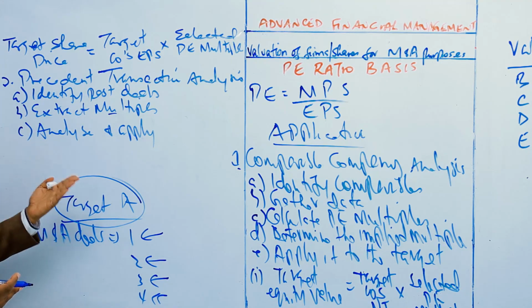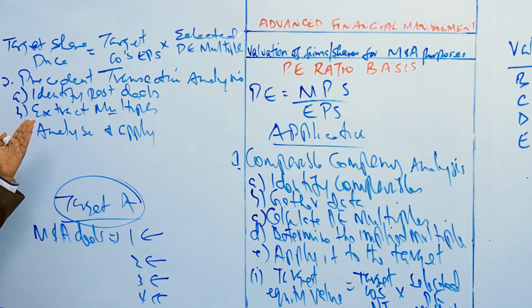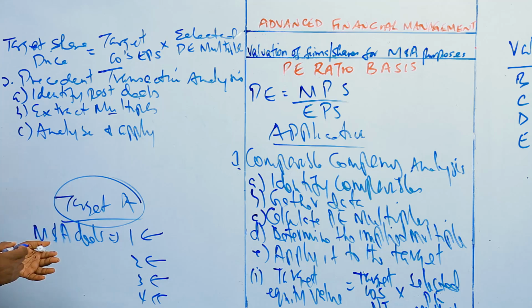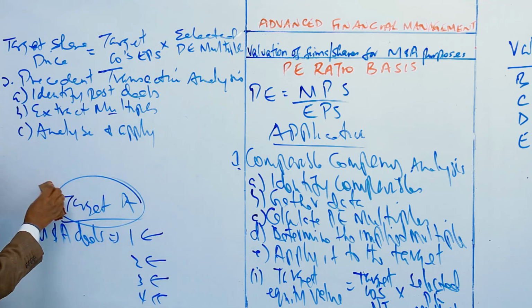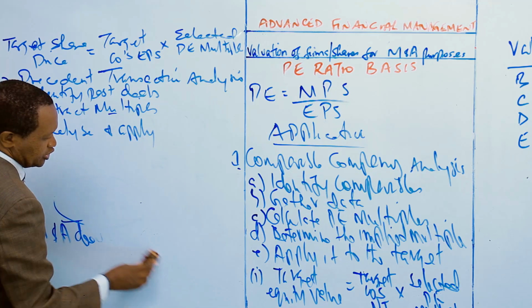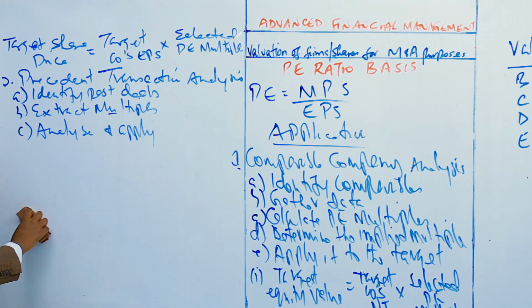And candidates, this method is particularly useful because it reflects actual prices paid for control of a company, often incorporating control premium and so on.